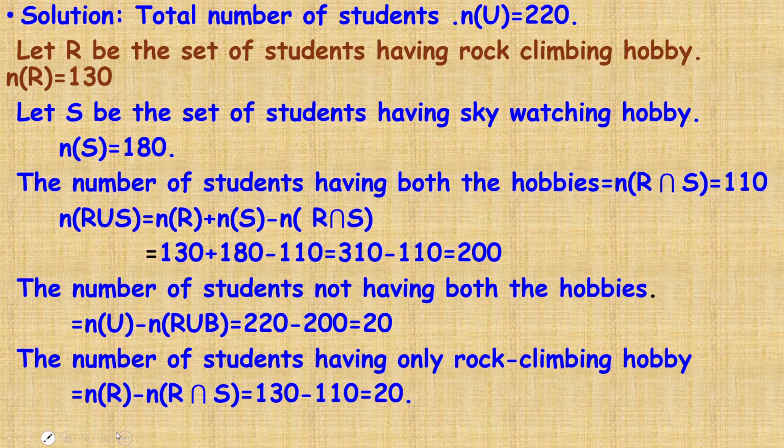Then the next sub question: the number of students having only rock climbing is equal to the number of elements in set R minus the number of elements in R intersection S, which is 130 minus 110, equal to 20. Thus, 20 students have only the rock climbing hobby.